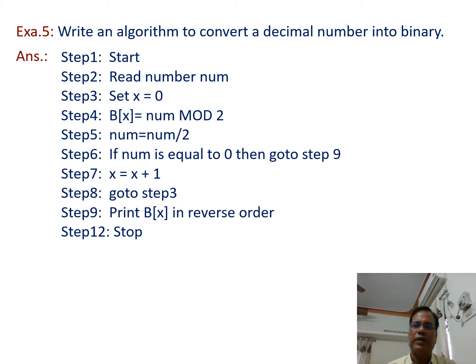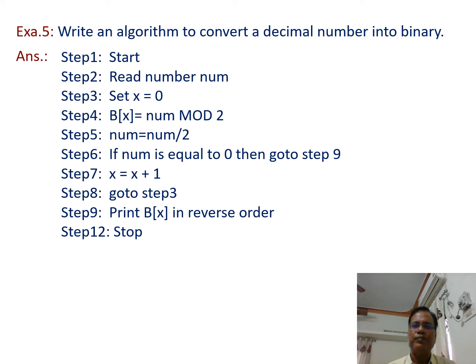Step 5, num equal to num divided by 2. After dividing by 2, the quotient is assigned to the variable num. Step 6, if num is equal to 0, then go to step 9. That is, if num, after dividing by 2, comes out to be 0, then go to step 9. Print bx in reverse order.